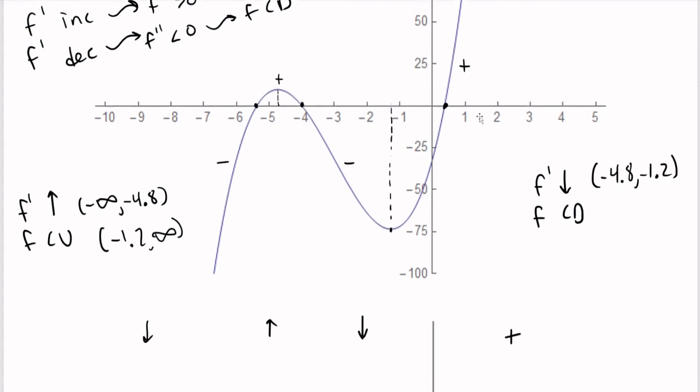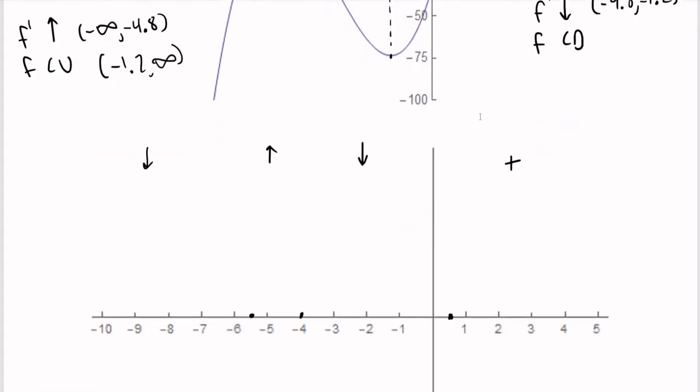Okay, so let's see if we can figure this out. We know our function's decreasing in this area. So let's just start up here and start decreasing. But we also know that we're going to be concave up. So I'm concave up, decreasing.